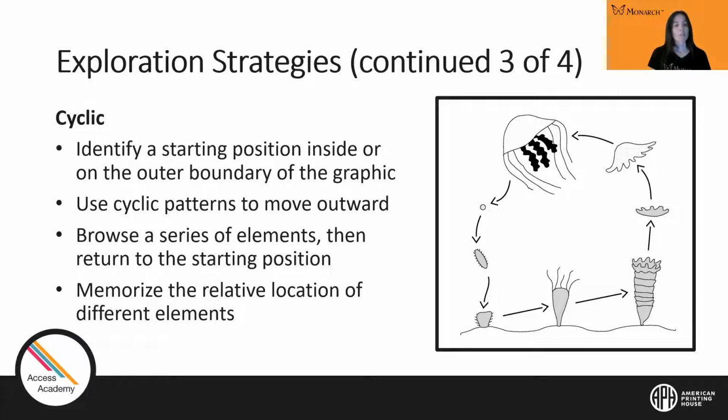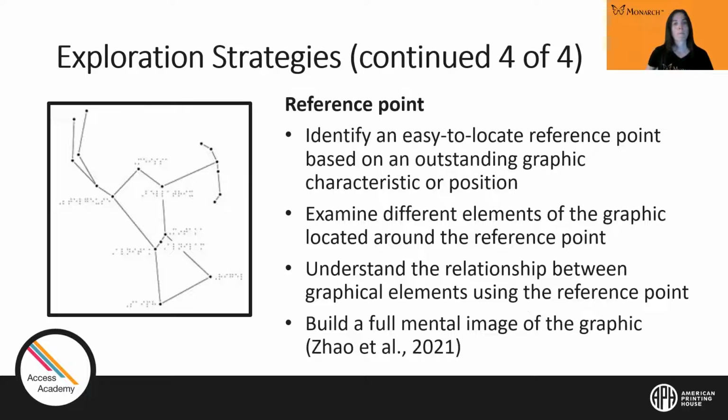If you do this, then you can memorize the relative location of different elements to each other and also to the starting point. The reference point is the fourth of these, and it is probably the most advanced and comprehensive of all of the strategies. Here, you identify an easy-to-locate reference point based on some outstanding graphic characteristic or position. And you look at different elements of the graphic that are located around that reference point, and you can even build more reference points as you go.